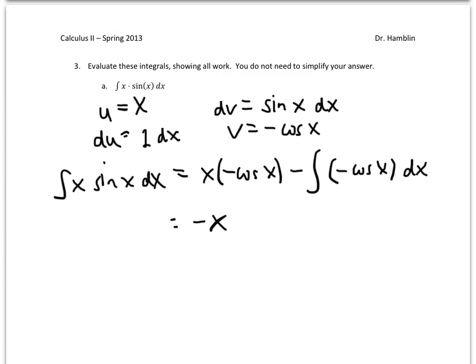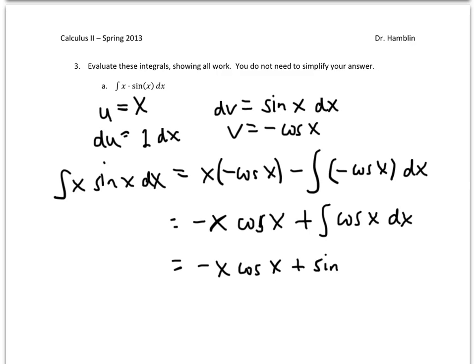So this is minus x cosine x. Minus and minus is a plus. And the integral of cosine is sine. And we're done.